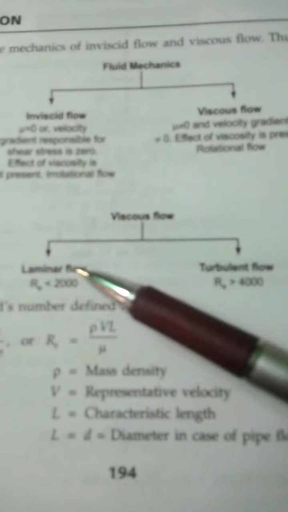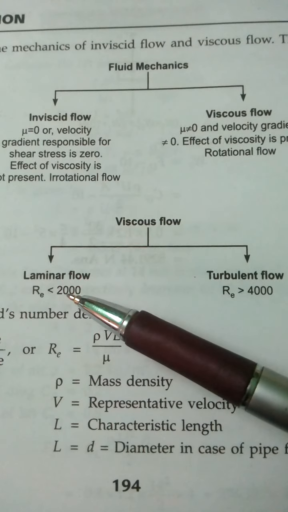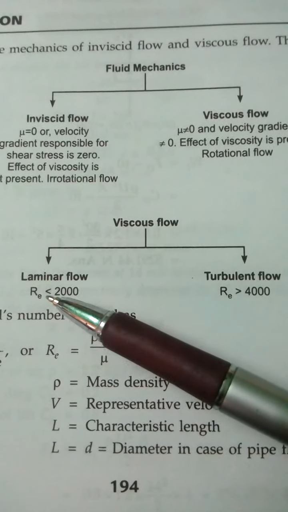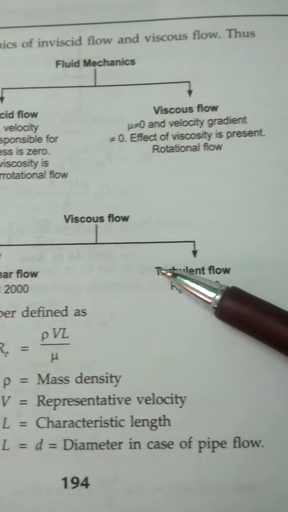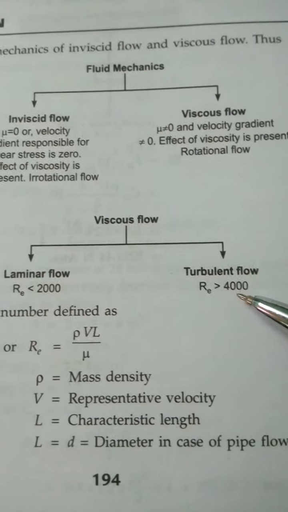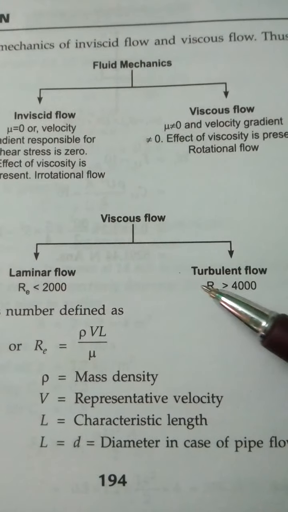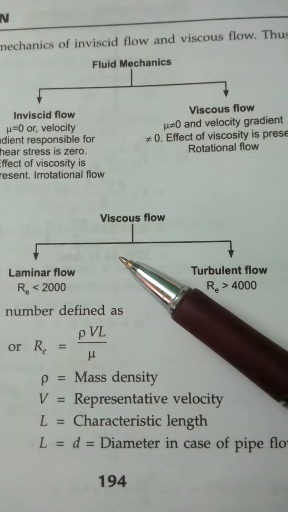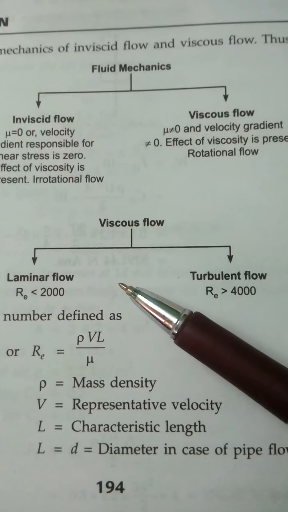Again I will claim that the Reynolds number is the inertia force by viscous force. Reynolds number is less than 2000 for laminar flow, and for turbulent flow it is greater than 4000. This zone between 2000 and 4000 is called the transition zone. So, transition flow.